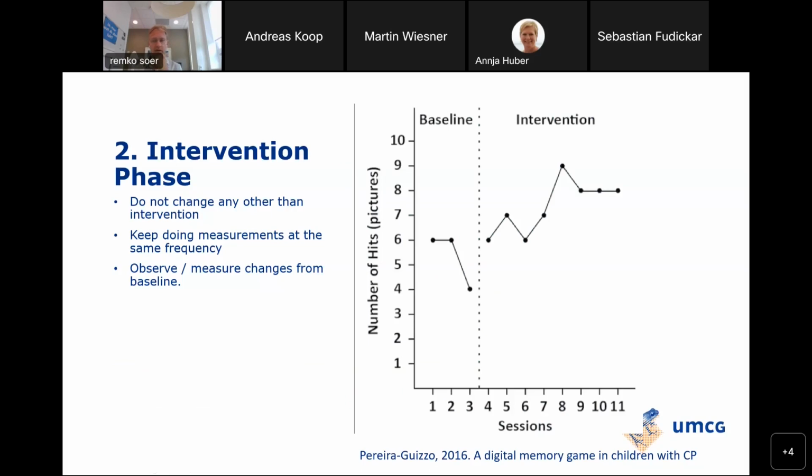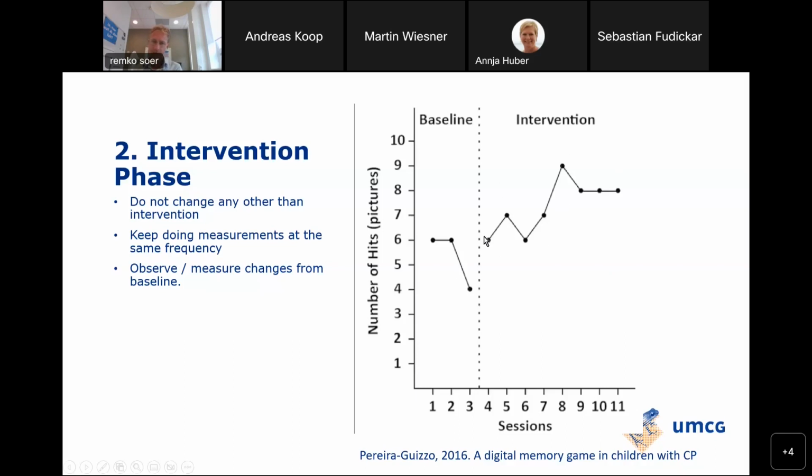Basically they gave those patients, and there were just 2 patients, a digital memory game in which they could learn to remember whether something was a plate with cups on it, or something was a football, based on a card. And after 4 sessions, the intervention was provided, so the memory game was provided, and then you see that learning will occur.